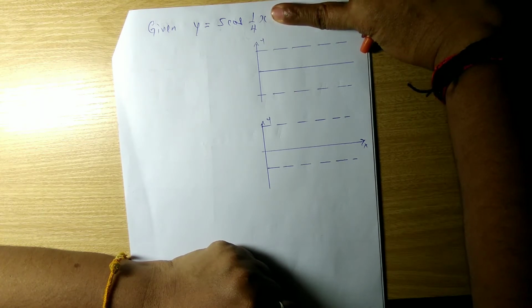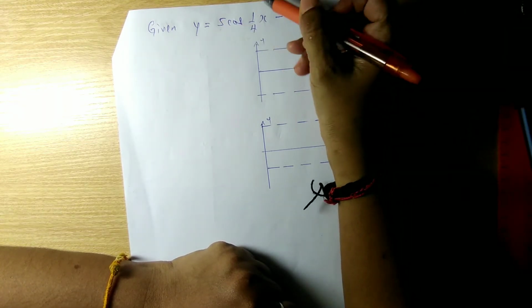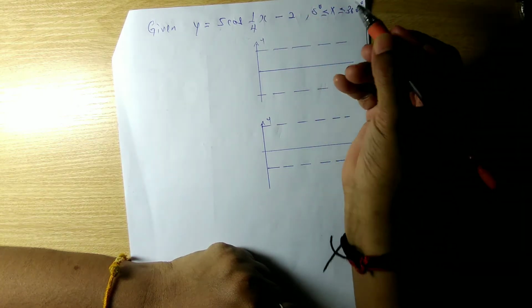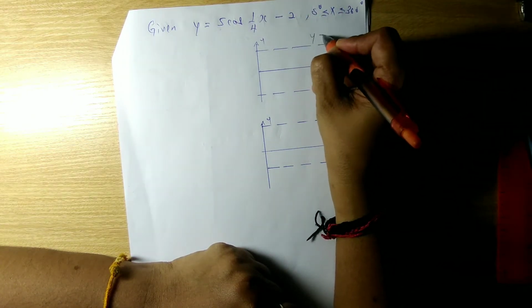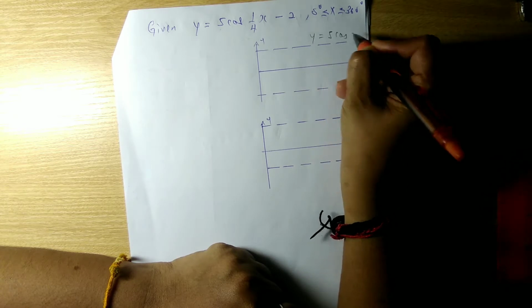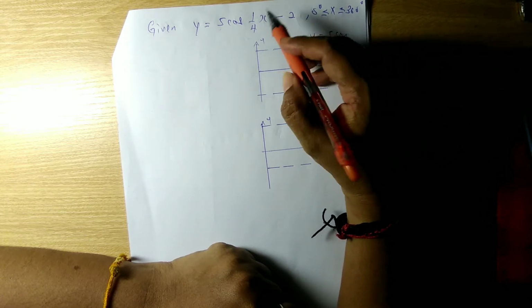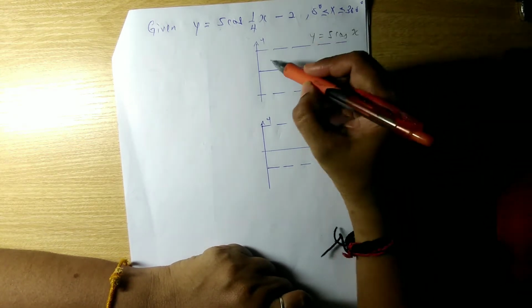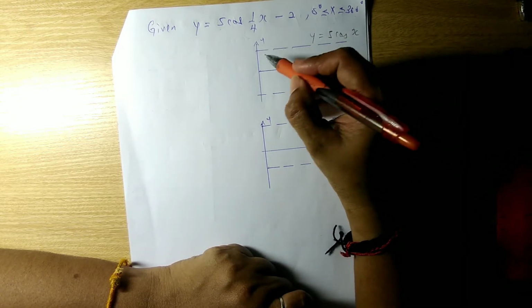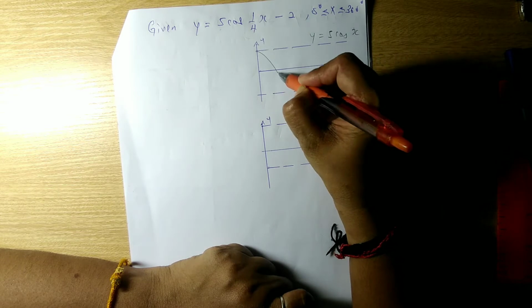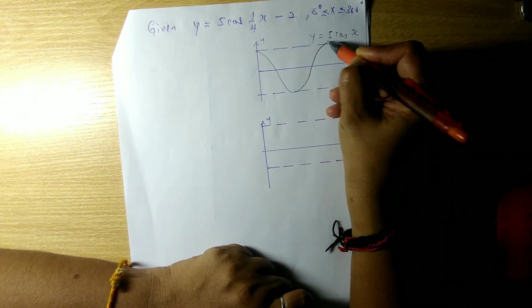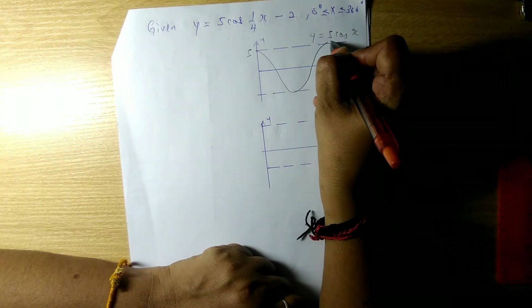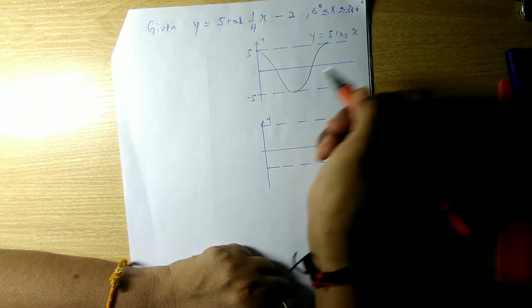Assuming it is not 1 over 4, I'm just assuming it is a normal y equals 5 cos x. How am I going to draw this? A graph of cos will look something like this, right? So my amplitude should be 5, and negative 5.